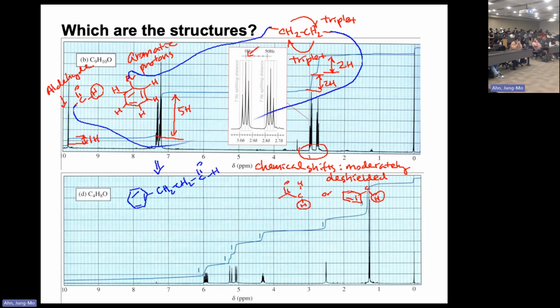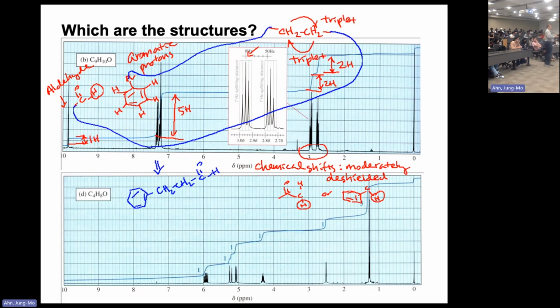But that's kind of obvious, because we can only make one connection today: the benzene with 5 hydrogens has only 1 open bond. That has to connect to here, and this end has to connect to the aldehyde carbonyl. Then this would be the structure giving out the spectrum. And this being a benzylic position, I'm expecting that to be at 2.5 chemical shift, but also it's the beta position to the carbonyl. That's why it shifts even further, close to the 2.8, 2.9 region.